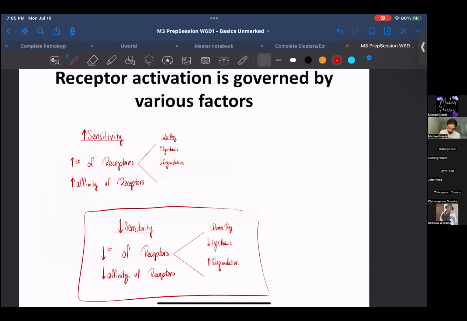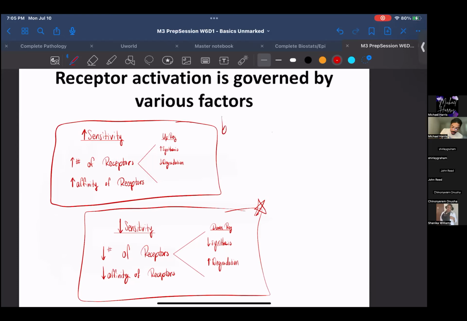This is more likely. Okay? The reason why this is more likely is because we're giving the drug. The only time this happens when we're giving drugs is pertaining to blockers or antagonists.